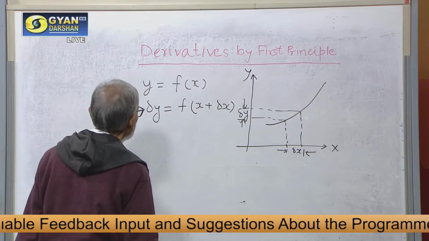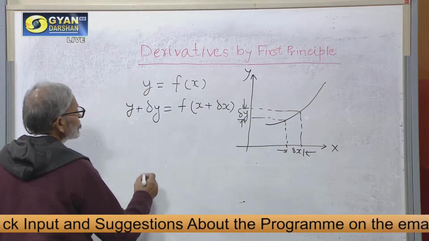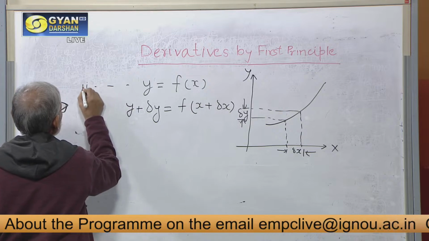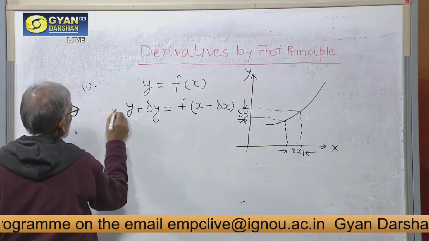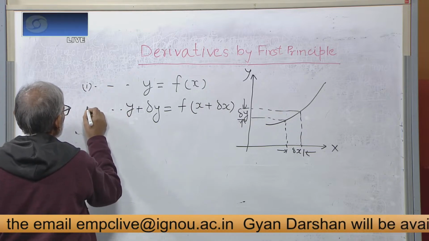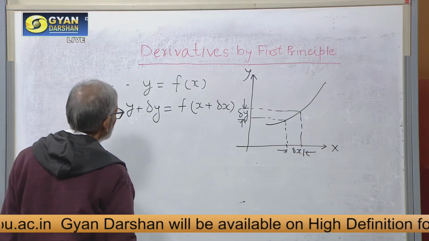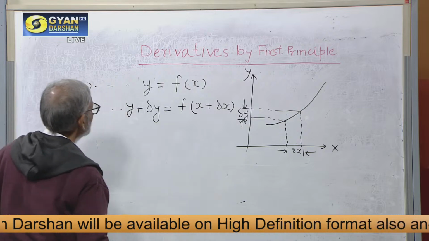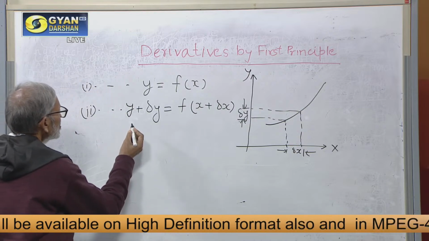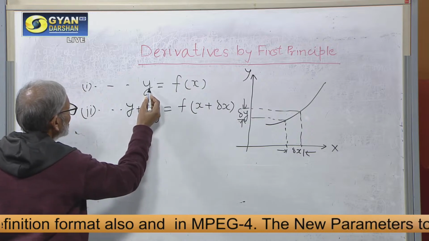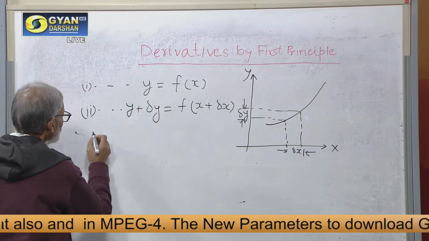It is very small. Say this is the first equation, this is the second equation. Now, these are two identities. Now, let us subtract identity 1 from identity 2.